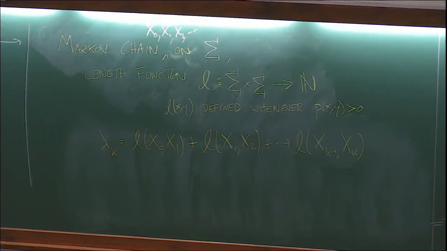So instead of stopping your Markov chain at some deterministic time, like after 1,000 steps, you're going to say, no, I'm going to stop it at a random time, namely, the first time I traveled total length 1,000.